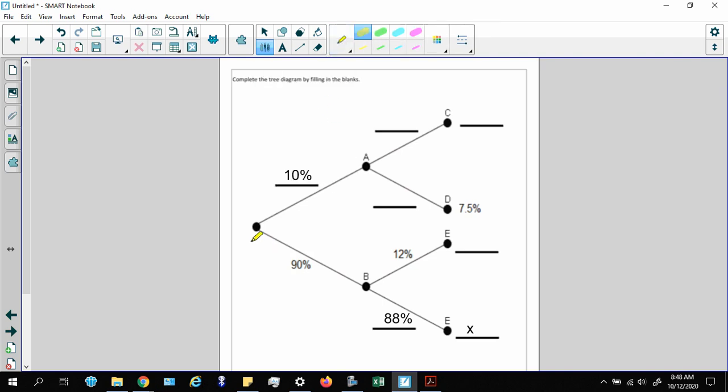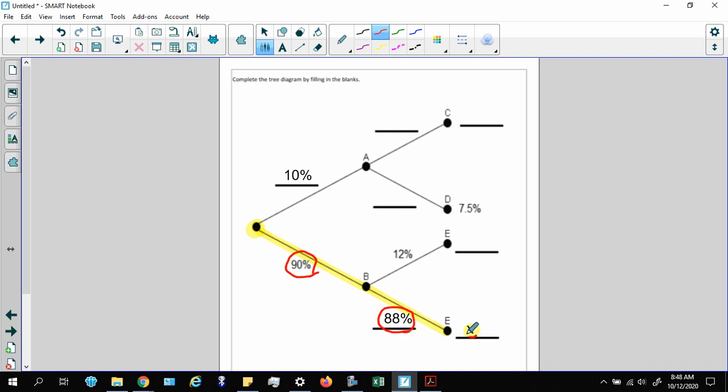And so like a map, we're starting here because this is the root of our tree. We want to end here. That's our final destination. We would have to take this road here, and then we'd have to take this road here. So the two roads that we'd be taking, that's a 90% road, that's an 88% road.